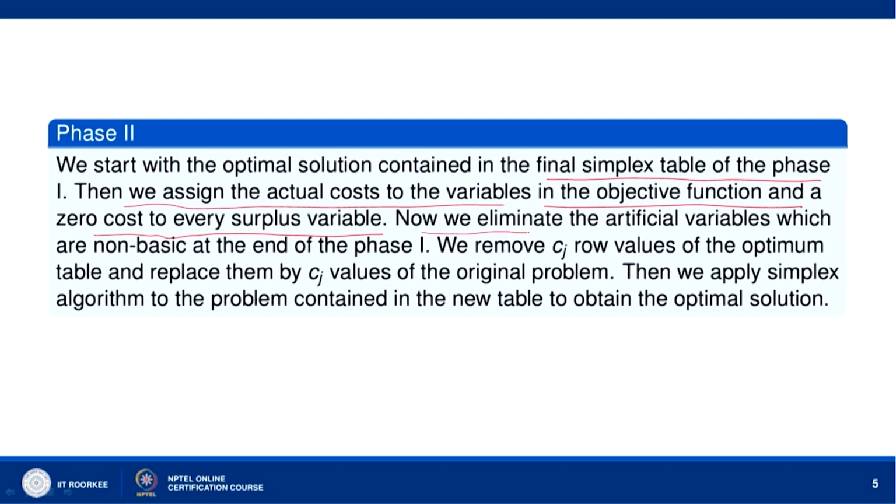Now, we eliminate the artificial variables which are non-basic at the end of phase 1. Now, we remove the Cj row values of the optimum table and replace them with the Cj values of the original problem. Then we apply the simplex algorithm to the problem contained in the new table to obtain the optimal solution.